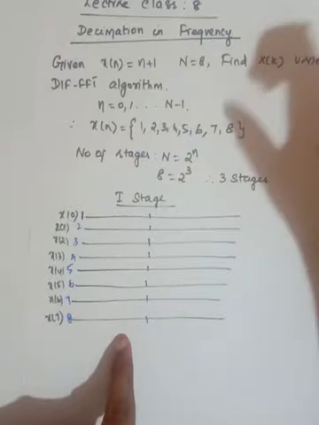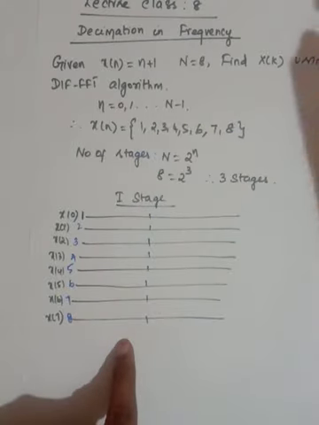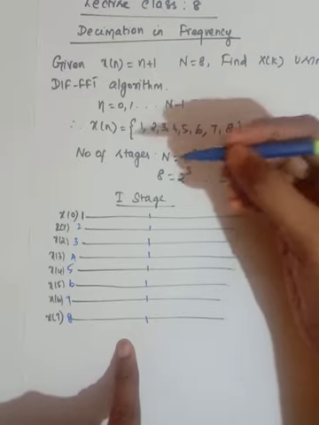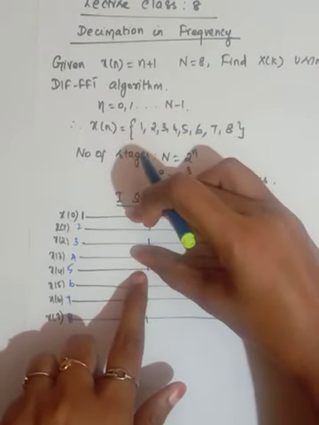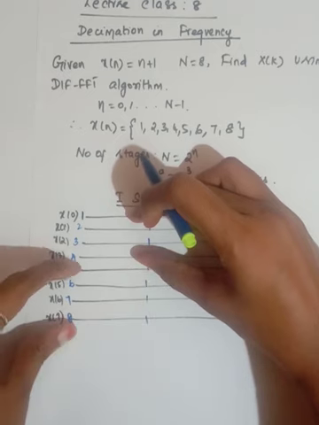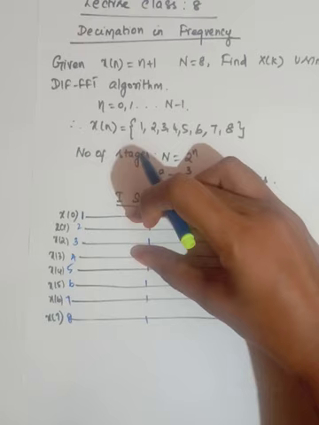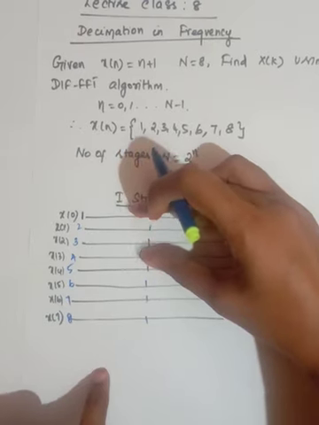These discussions we have seen in the theory part, which is why we are drawing here. So x of 0 to x of 3 is one group, and x of 4 to x of 7 is another group.